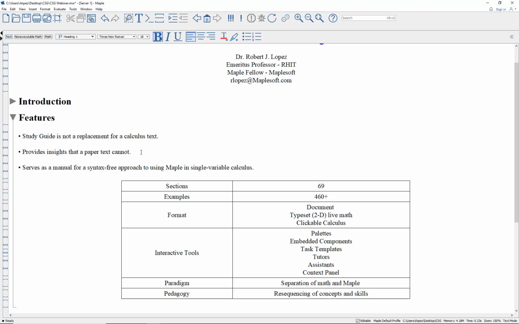The format uses the document mode. It's typeset 2D live math input, and we illustrate the techniques of clickable calculus or syntax-free use of calculus. Here are some of the interactive tools that we make use of. You get palettes on the left and embedded components, task templates, tutors, assistants, context panel, and so forth.